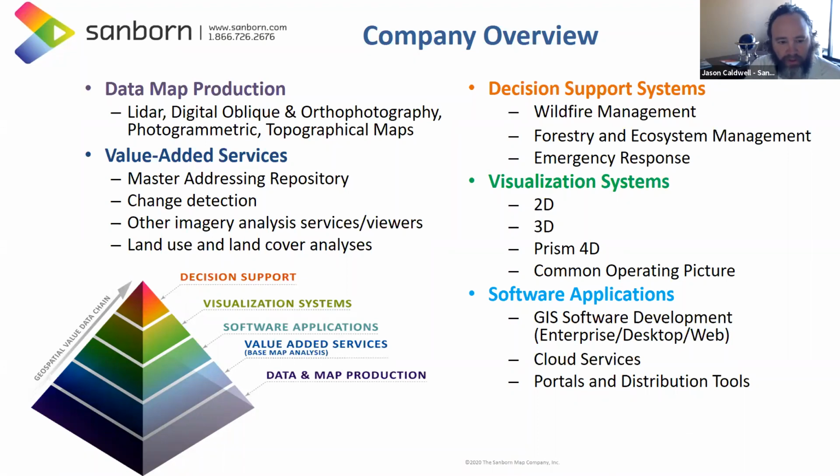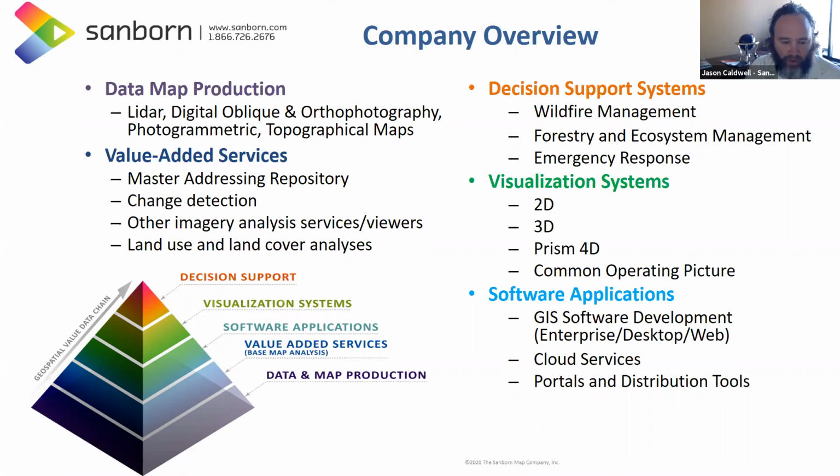Developing software applications for distributing data to clients is another step up. And then visualization systems, which has a lot to do with what we're going to talk about today, which is 3D modeling, is the next step up. And then the final step is the decision support system, where we're providing answers to the business questions. So that's how Sanborn looks at it.